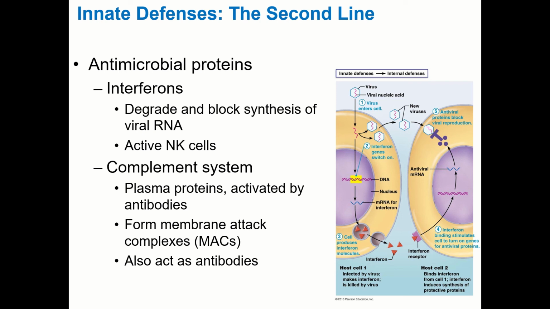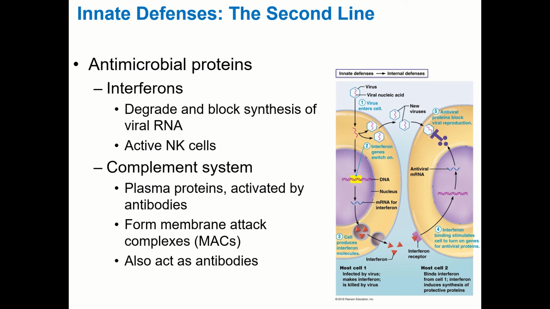But interferon is also released by the cell, as you can see in the diagram, and it's picked up by nearby cells. And so when the other cells receive that interferon, they know, to give cells more sentience than they have, that a neighbor has been infected by a virus, and so they need to take protective actions.